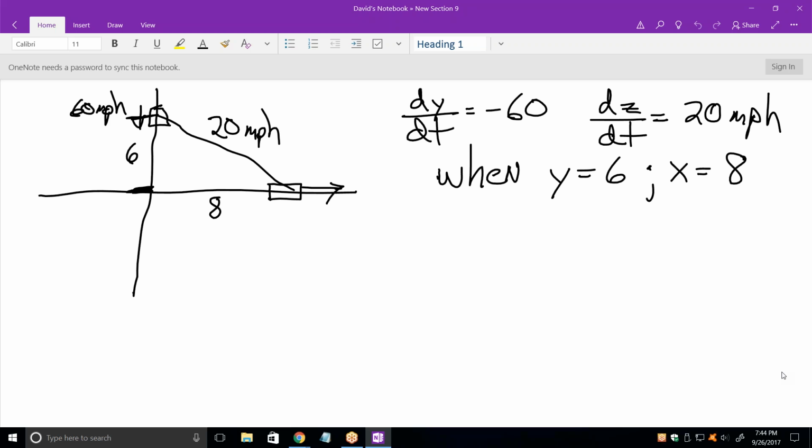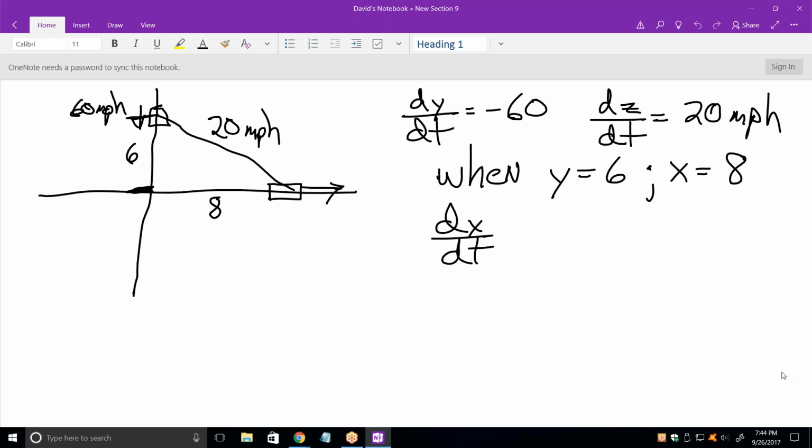In other words, I'm giving you 4 pieces of information, and what I want to know is how fast the robber car is going. I want to know dx dt. Notice I have no way of figuring that out other than with calculus.